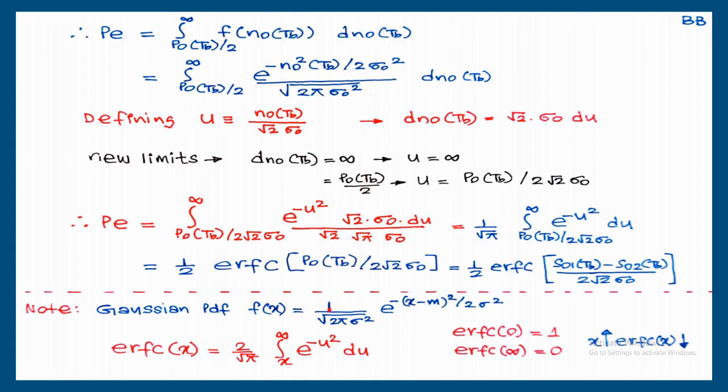So the same result: 1/sqrt(2 pi sigma0 squared), e raised to minus, instead of x it is N0(Tb) and m is equal to 0, that is only minus N0(Tb) squared upon 2 sigma0 squared. Instead of dx it will be dN0(Tb), because we are integrating with respect to the variable N0(Tb).